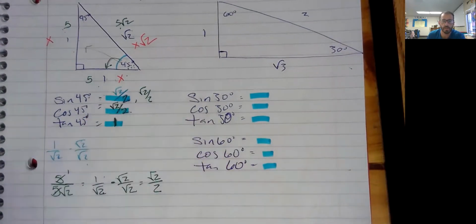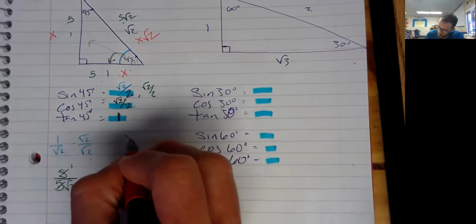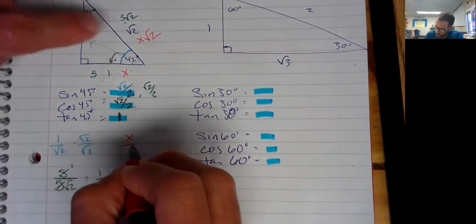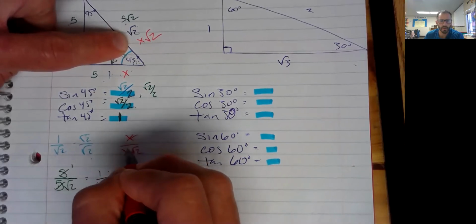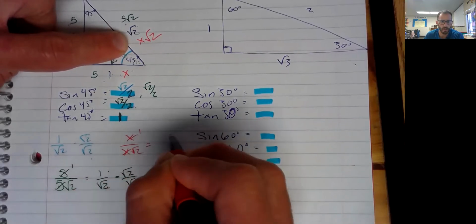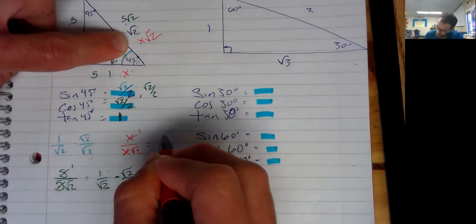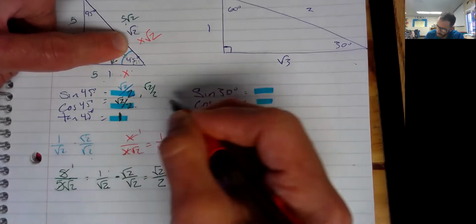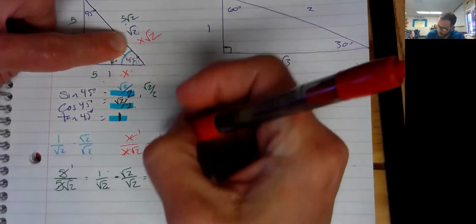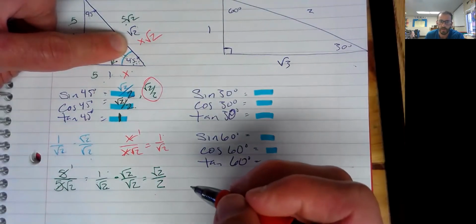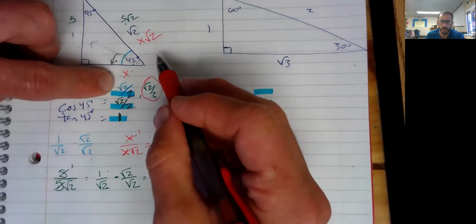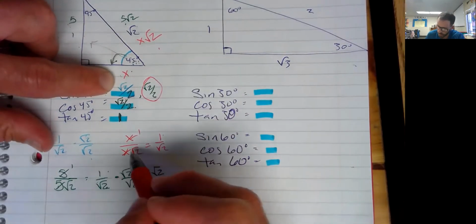Let's look at the sine. The sine is going to be opposite over hypotenuse. What's going to cancel out? The x's, turning into 1 over 1 rad 2, which is 1 over rad 2. Now we already know this, we have it here and here. What happens with 1 over rad 2? It becomes rad 2 over 2. Cosine, x over x rad 2. Looks familiar, right?